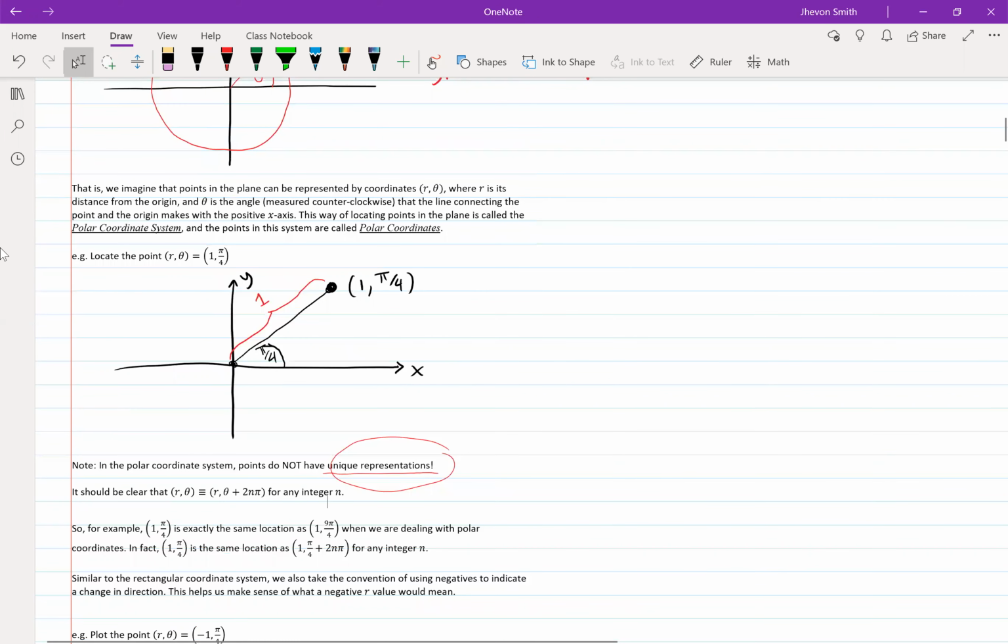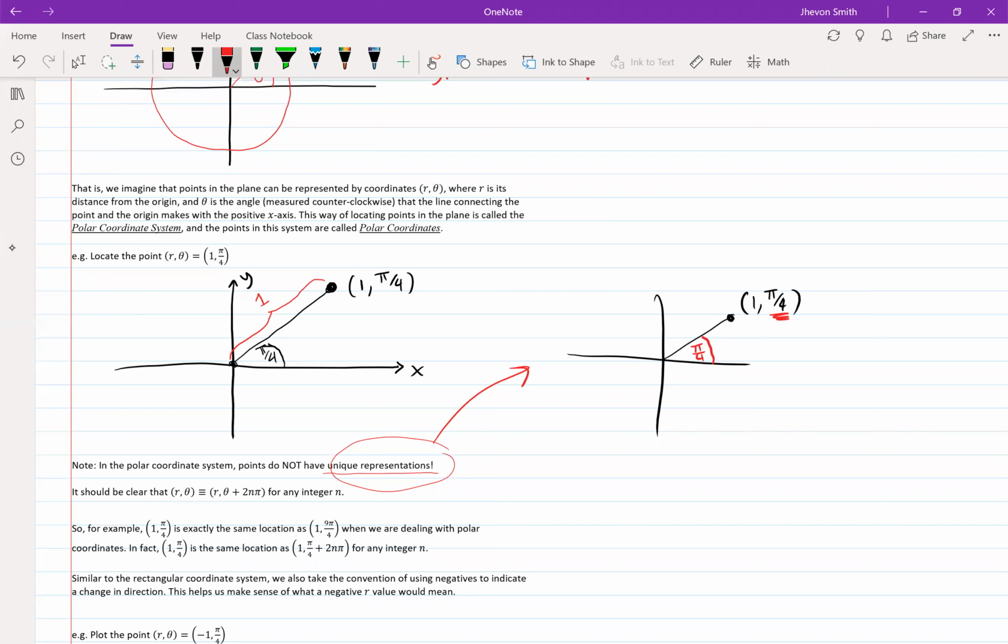You would notice that every time I were to go around the axes by a magnitude of 2 pi, I would actually hit the same thing. So here is pi over 4, which corresponds to this angle. But I could also go all the way around and come back here and hit the same line.